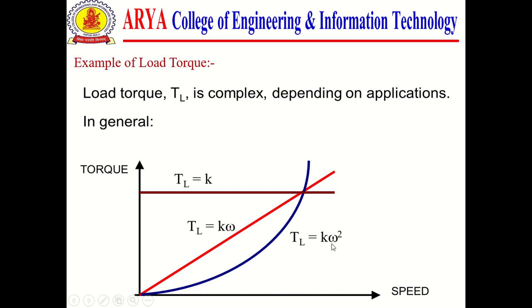When speed changes, the load torque changes in terms of speed squared. So this is some information about the load and the synchronization of speed and torque characteristics for the motor as well as the mechanical load driven by the motor.